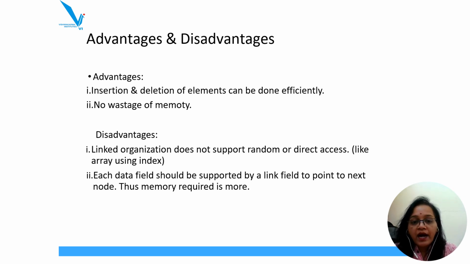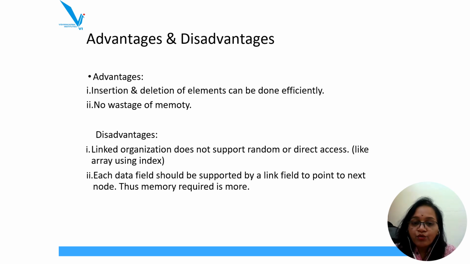And the second disadvantage, each data field should be supported by a link field, a pointer to the next node. So this requires more memory. See, in an array, suppose you want to store 100 integers, and every integer takes 4 bytes. So you will require 400 bytes of consecutive memory, and that is the only memory you will require because you store the elements directly.